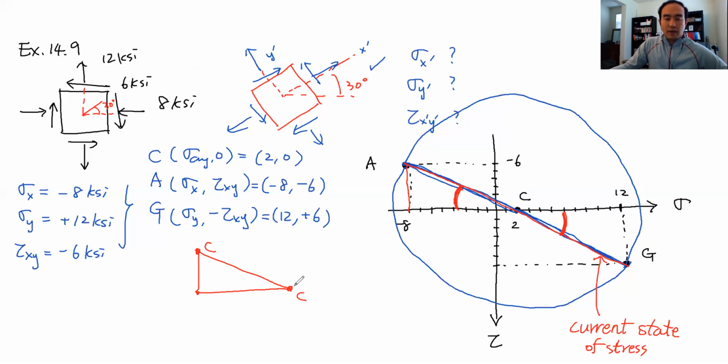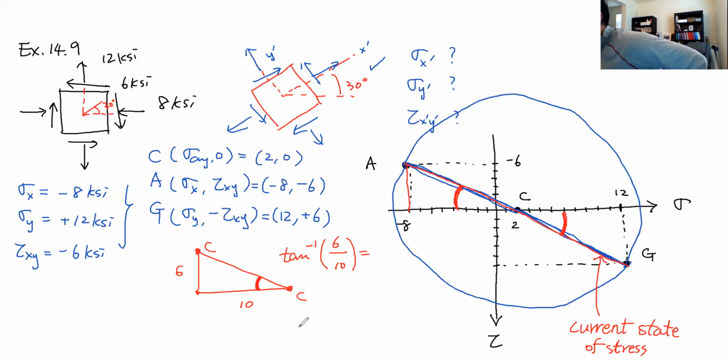So the distance from A to this point is negative 8 plus 2, which is 10 in magnitude. And the height is negative 6, so in terms of magnitude, it's going to be 6, right? So you can easily find the angle here as arctangent of 6/10, which gives us the angle directly, which is 30.96.